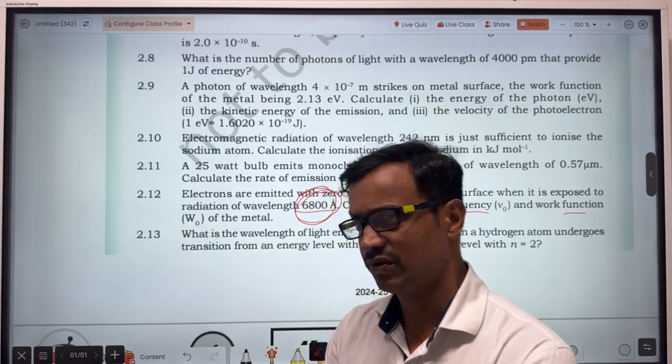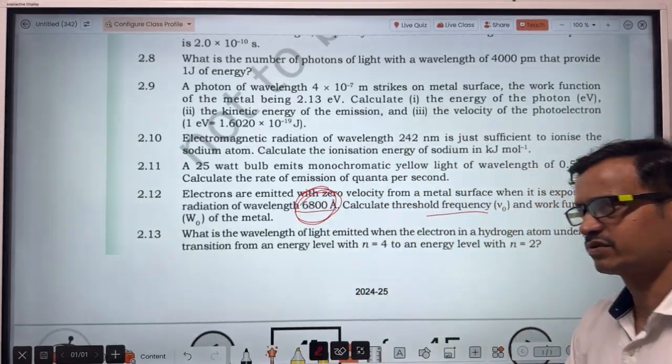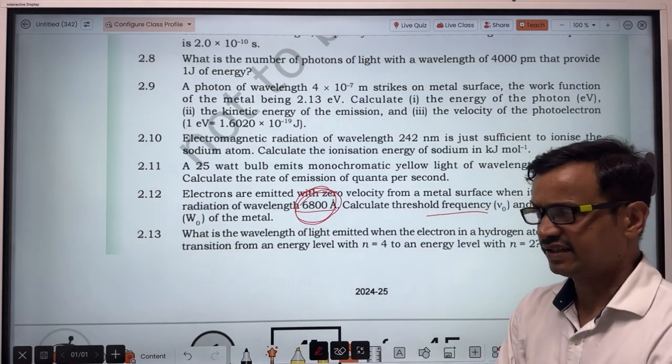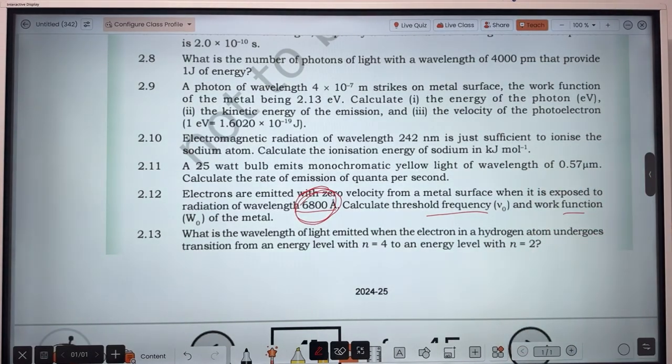Kinetic energy here is zero, because the velocity of that electron is zero. So the energy of the photon will be equal to the work function.